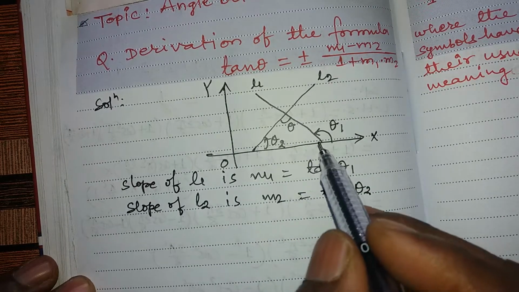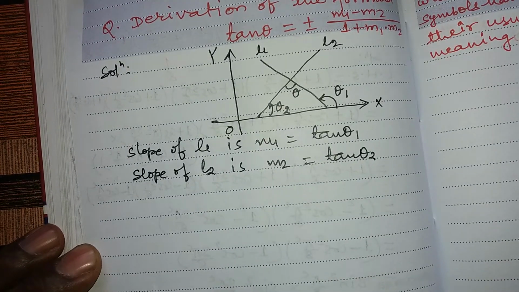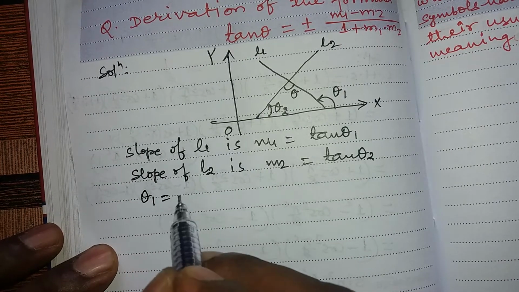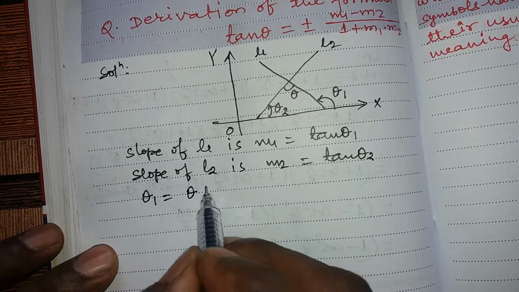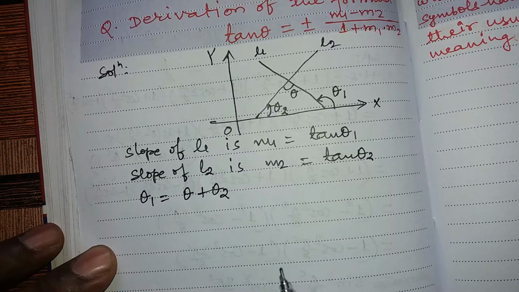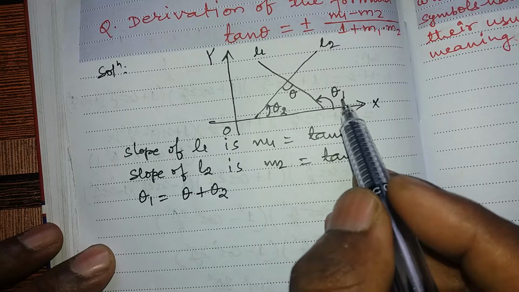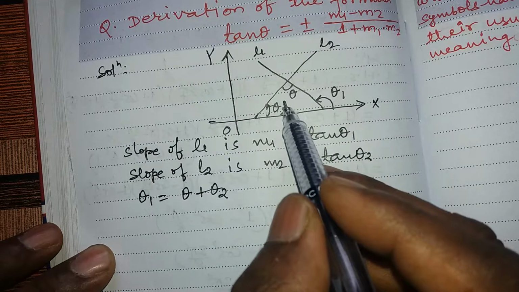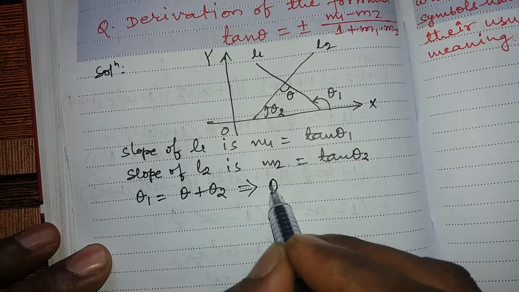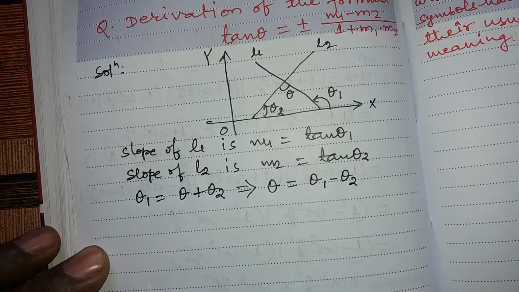So here are three angles, theta 1, theta 2 and theta. What can we write here? Theta 1 equals theta plus theta 2. How do we write it? By the triangle law of angles: an exterior angle equals the sum of the two opposite interior angles. So from here theta equals theta 1 minus theta 2.